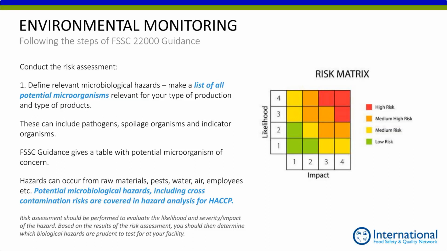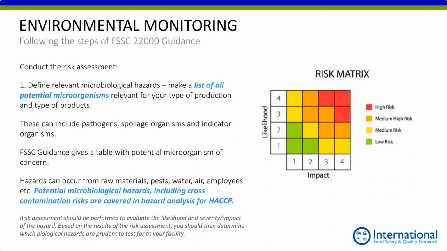You will decide in this way: do you have surfaces that are in contact with product? What kind of microorganisms can exist on this surface? So what is the likelihood of there being a microorganism on this surface? And you say, okay, likelihood is 2.